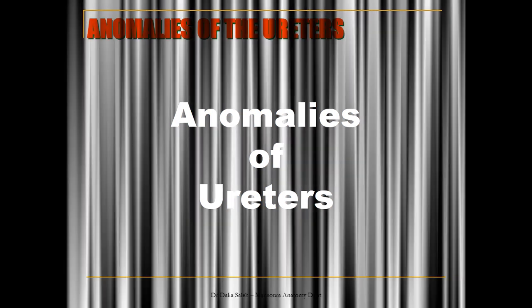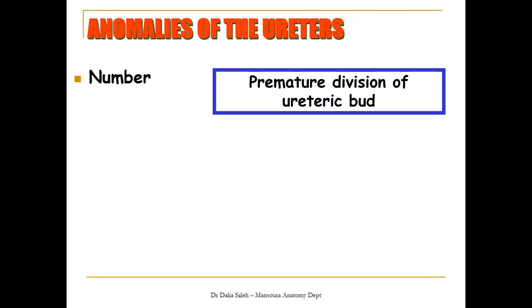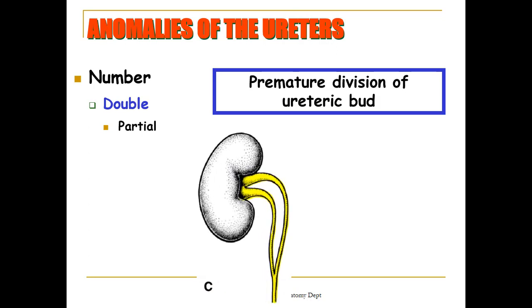The anomalies of the ureters could be in the number, and this is because of premature division of the ureteric bud. So we could end up with double ureters, either a partial double ureter, like this.